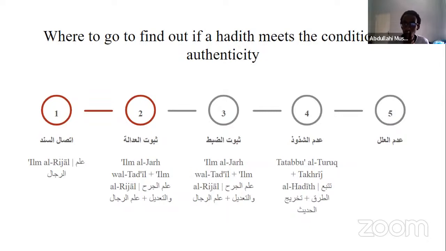Then the fourth condition, adam shudud. As mentioned previously, shudud, the anomaly, is a relational quality. It's a quality that arises in relation to other chains of narrations. So that means that you now need to search for other chains of narrations for the same hadith, or for the same content of the hadith.